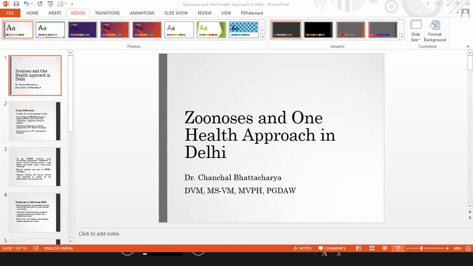As an example, as a major stakeholder of this One Health policy of rabies eradication, the Animal Husbandry Department, Government of Delhi, is providing dog vaccine from different veterinary hospitals and dispensaries absolutely free of cost. Mostly, they are concentrating on pet animals and community dogs.